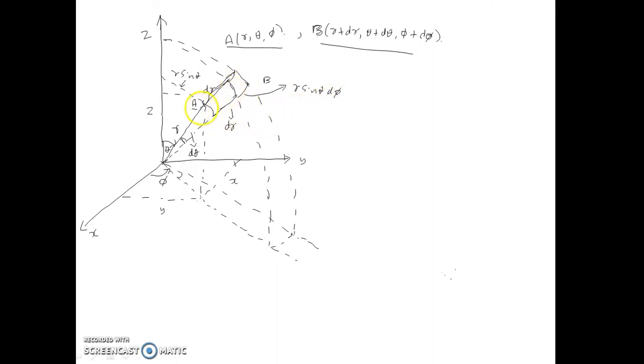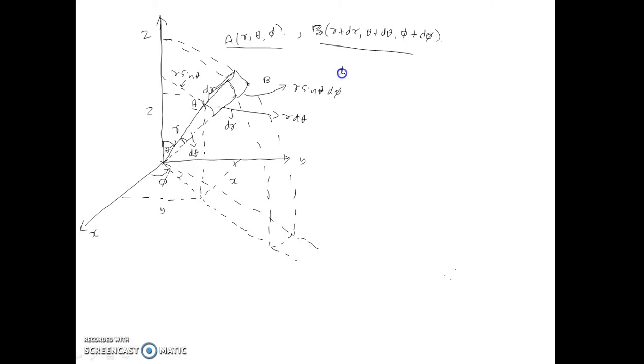And this side is obtained by incrementing theta by d theta, so this is going to be r d theta. The volume element has sides dr, r d theta and r sin theta d phi.